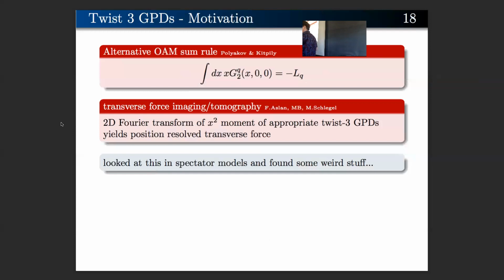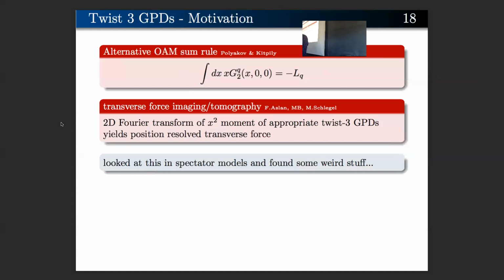You cannot be very specific. That's what I'm saying, because that G2 is not even just the GPD that is used.